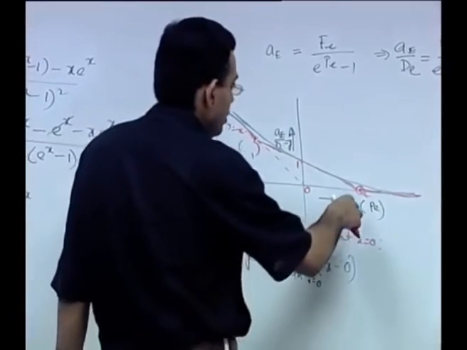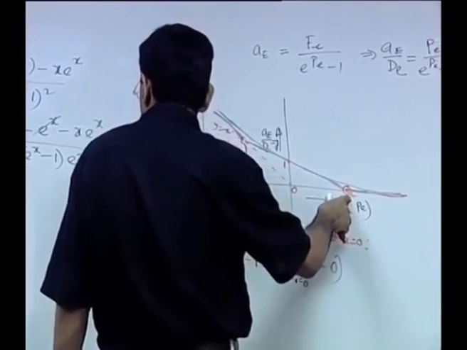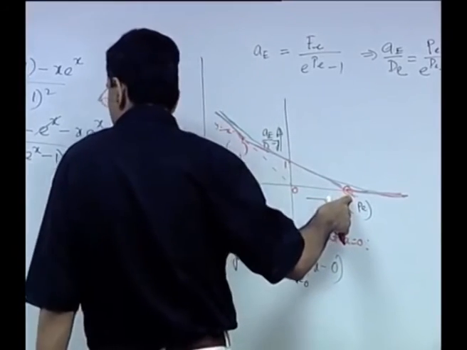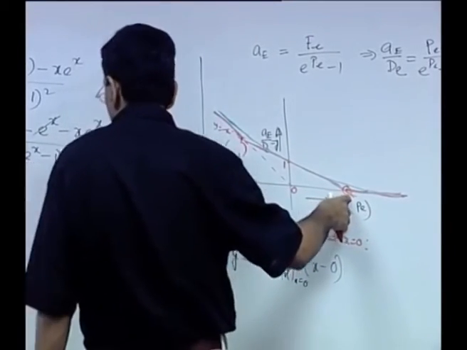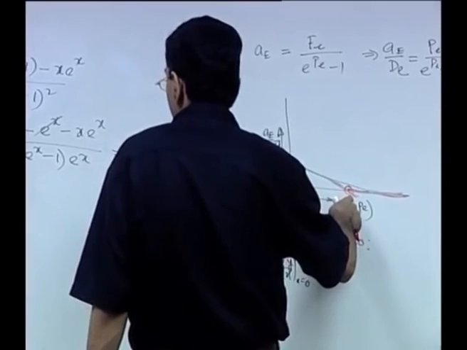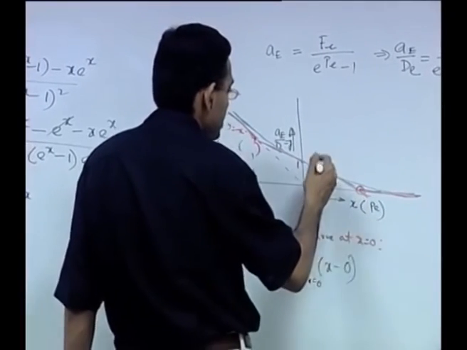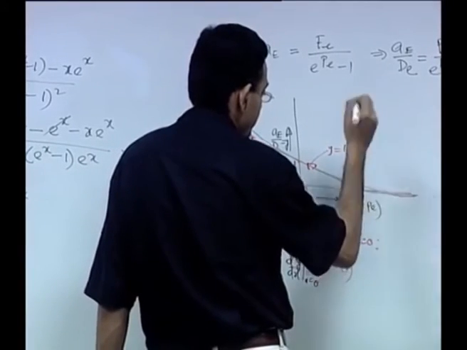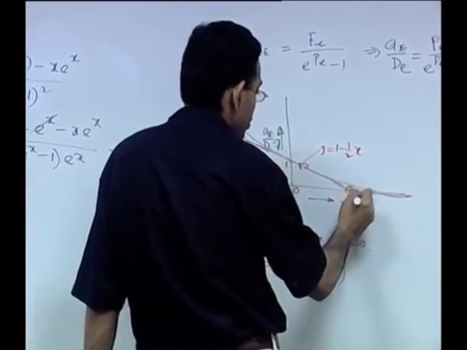Similarly, what about this point? It is the intersection of y equal to 0 with y equal to 1 minus half x. So, this is 2.